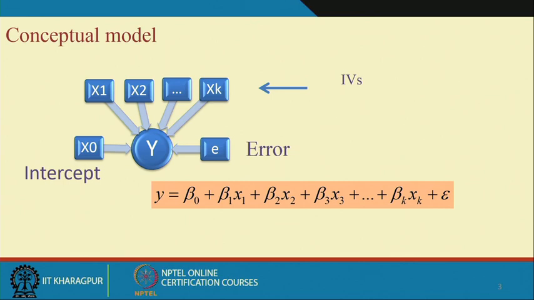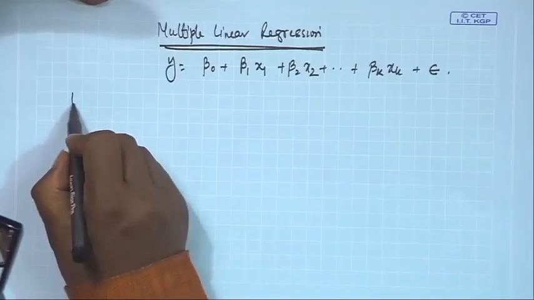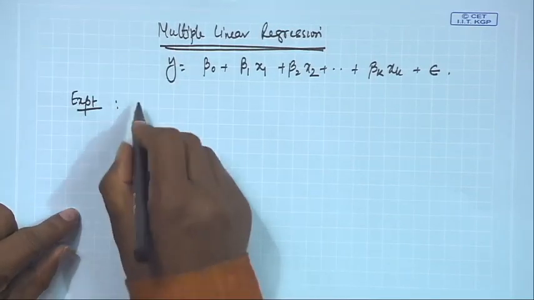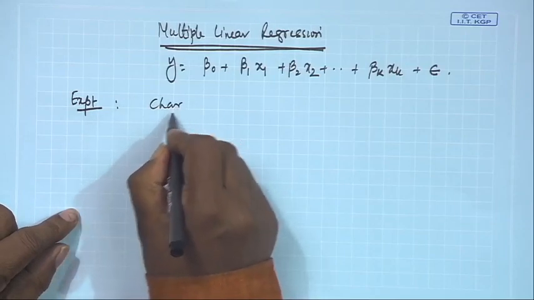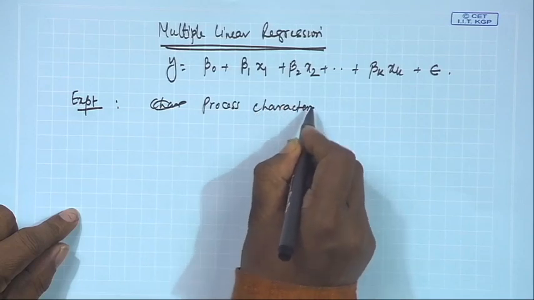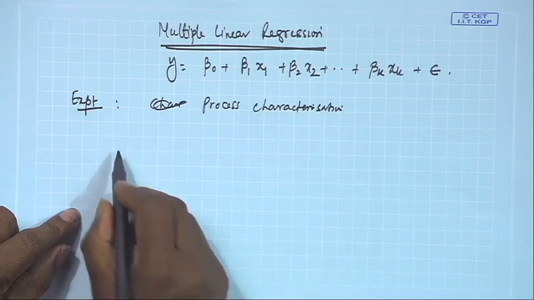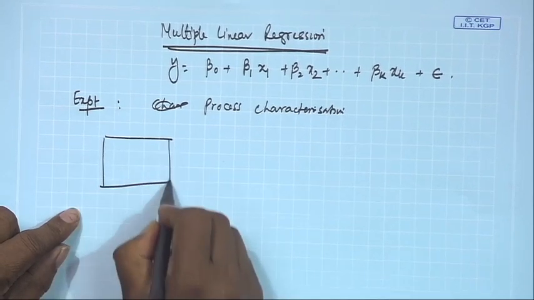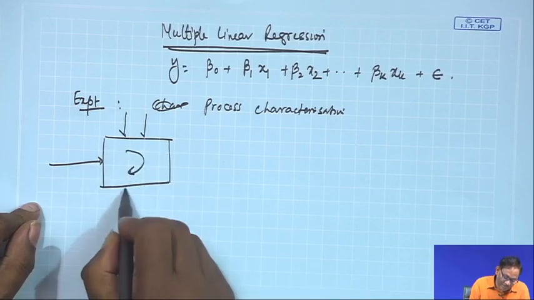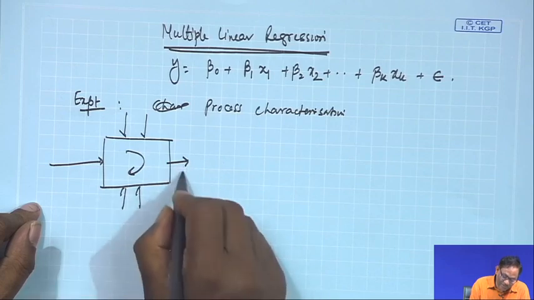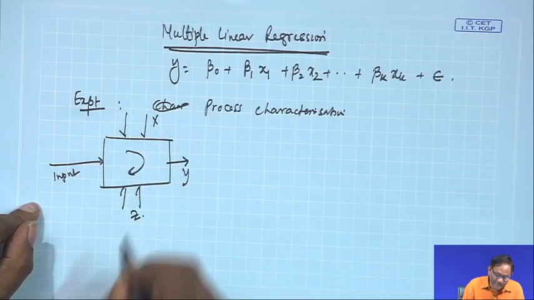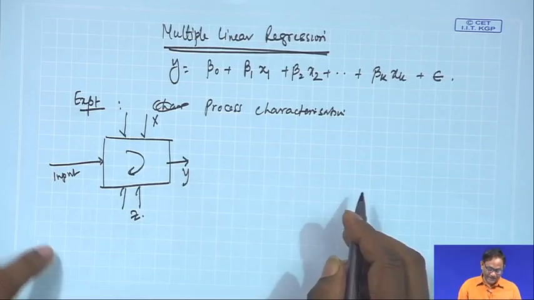Suppose you think of an experiment where you are interested to characterize the process, or I can say process characterization is the issue. If you recall my earlier lectures, I have given a process model with controllable factors and uncontrollable factors, with y the output, controllable inputs x, maybe uncontrollable z.